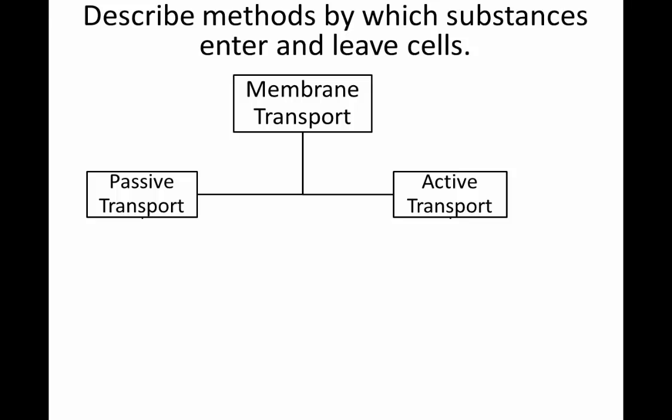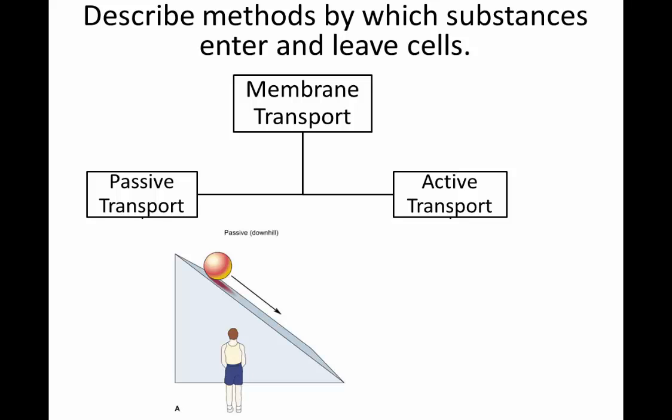So let's look at an analogy here to make sure we understand this idea of concentration as well as energy. Passive transport, think about it as if you had a ramp with a ball at the top of the ramp. There's high energy gravitational pull of the ball as it's going from a high location to a low location, and so this is passive transport. The ball will roll down the hill and it will require no energy to do so.